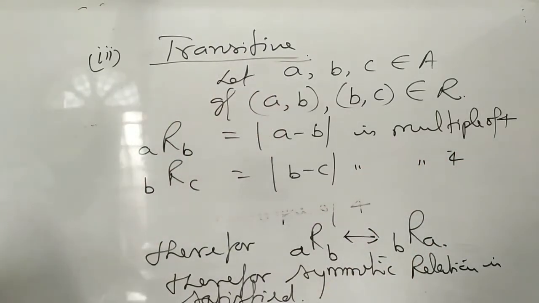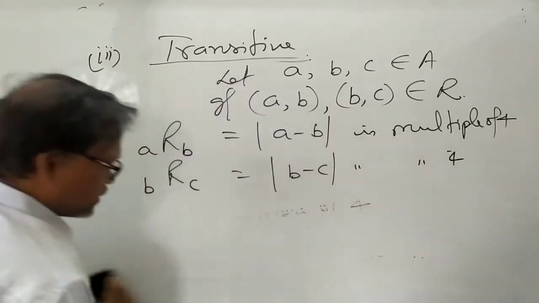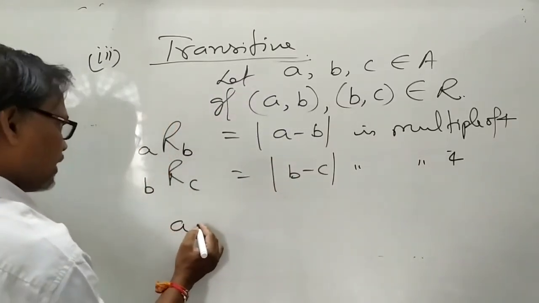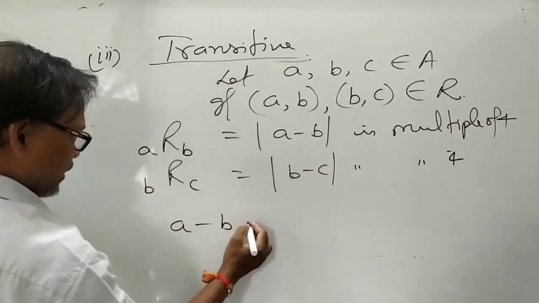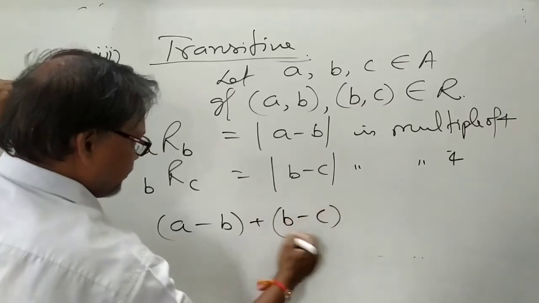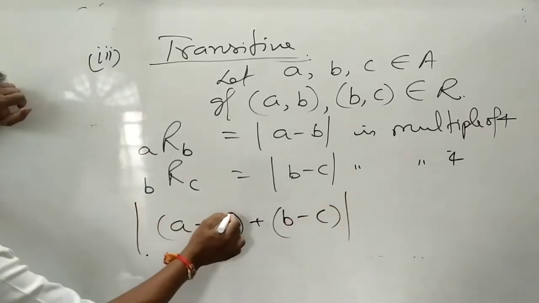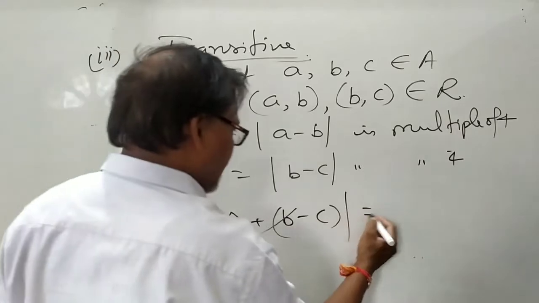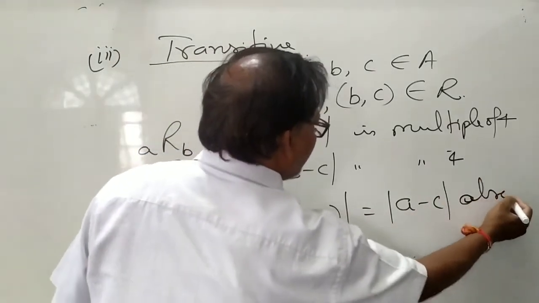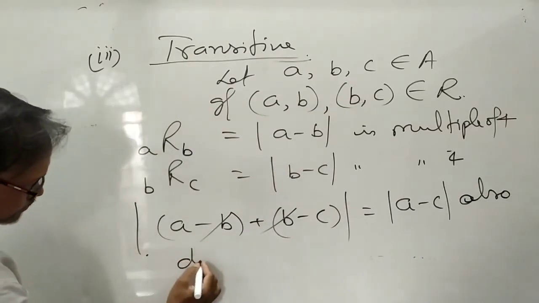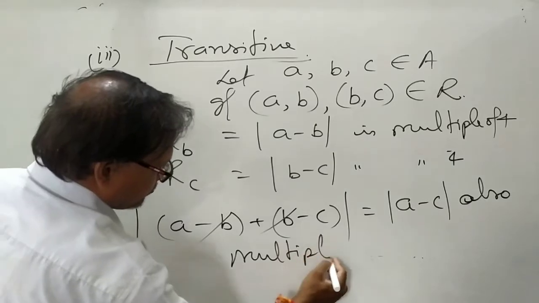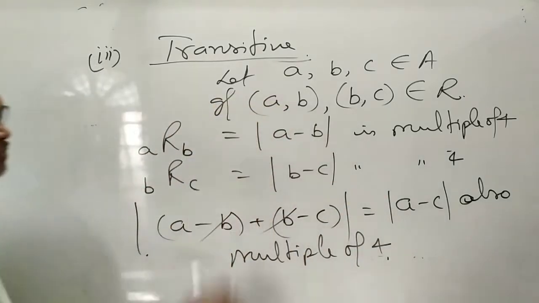So if A minus B and B minus C both are multiples of 4, can you say that A minus B plus B minus C, where B and B cancel, you can say that A minus C is also a multiple of 4.